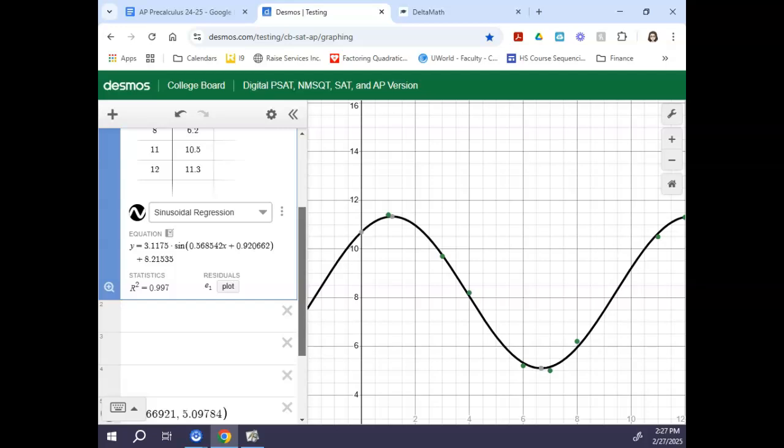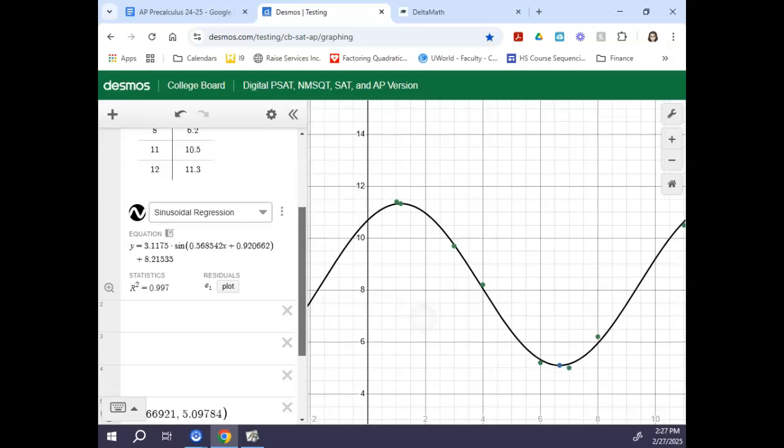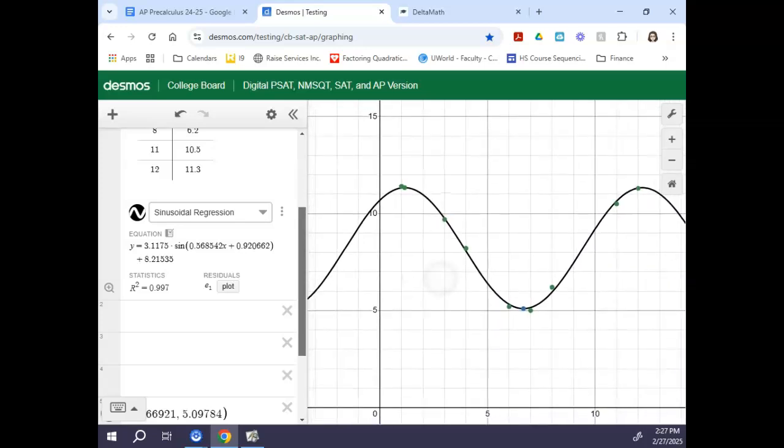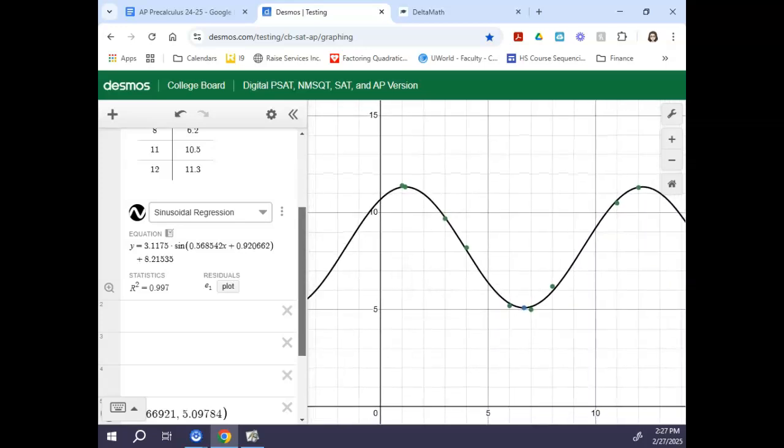But let me just show you a different way because it's good to have different things if that confused you or you weren't sure. Since this is sine, it's difficult to find the period if I don't have my midline. But I know where my midline is, right? So tell me, Camille, where is my midline? 8.215, that right there.